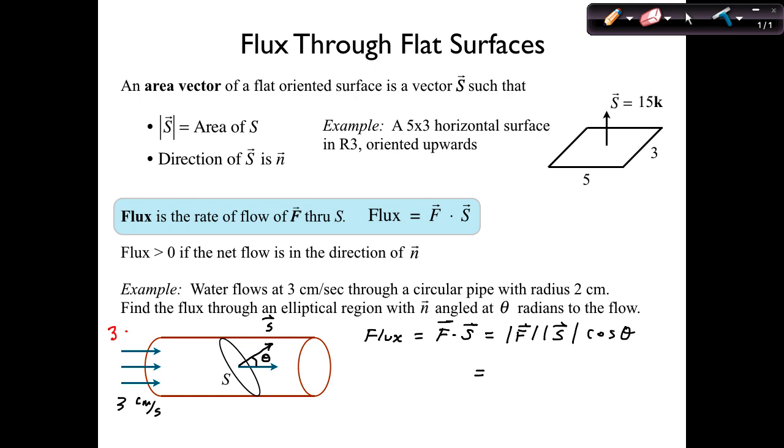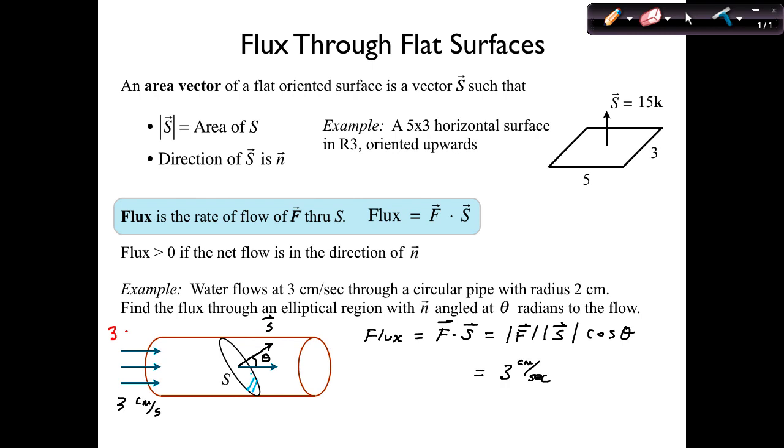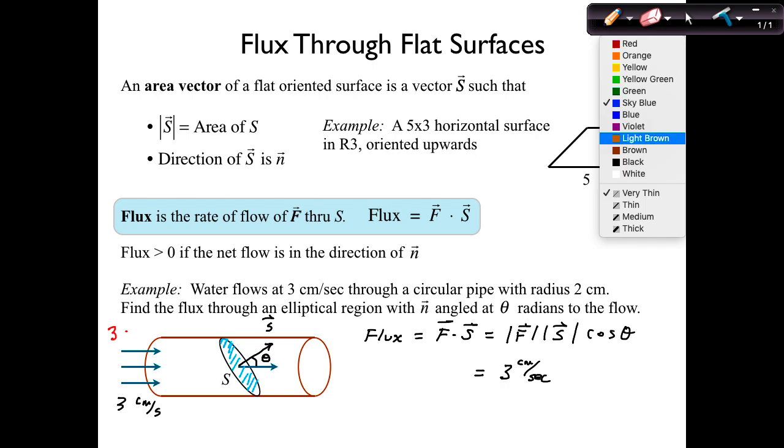That's just 3, right? 3 centimeters per second. And then what about the magnitude of S? The magnitude of S means the area of this. Uh-oh, we got an ellipse, right? We actually got an easy way to do this. So we need that light blue area there.